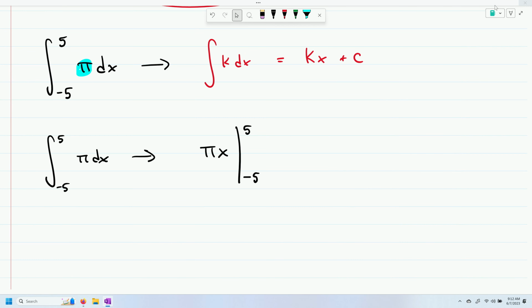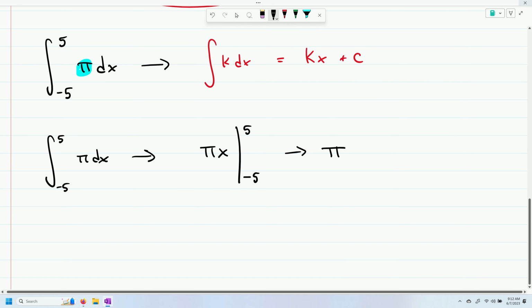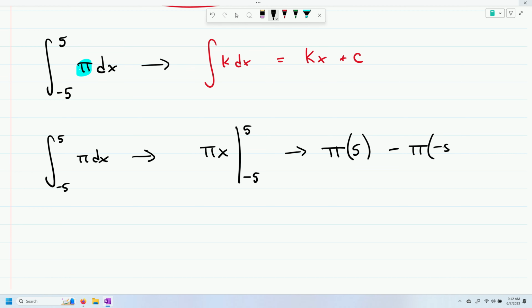So to do this, all we're going to do is evaluate the antiderivative that we came up with, pi x. So we're going to get pi times 5 minus pi times negative 5. Now the thing to remember here is that we evaluate the upper limit, and then we subtract the lower limit from that.